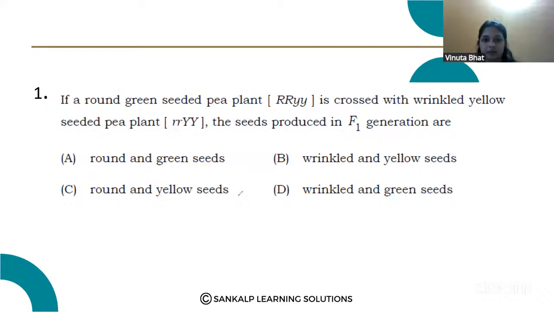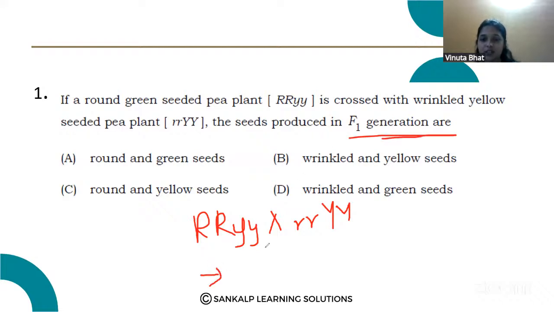Round green seeds, that is R R small y small y, crossed with yellow wrinkled seed, small r small r capital Y capital Y. So the F1 generation plants will have R small r, capital Y small y, which means they have round yellow seeds.